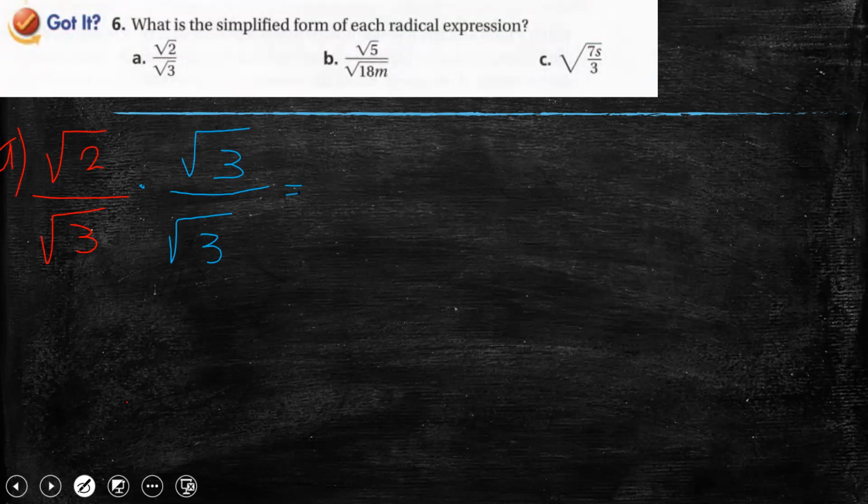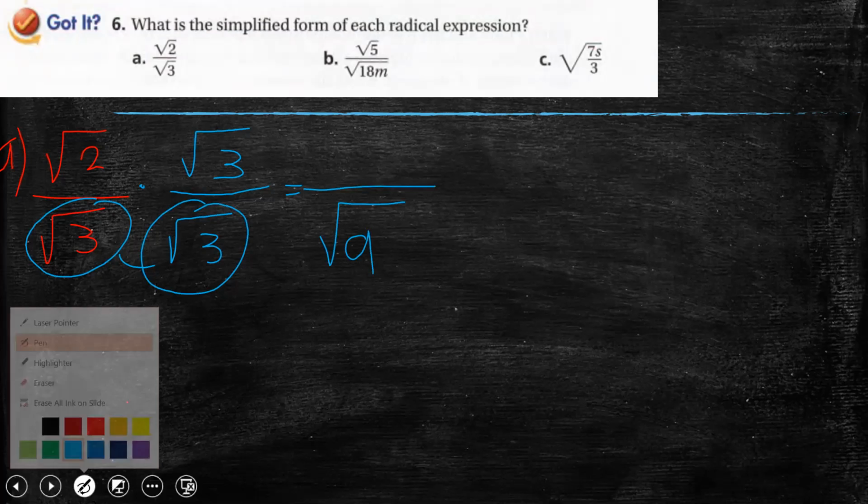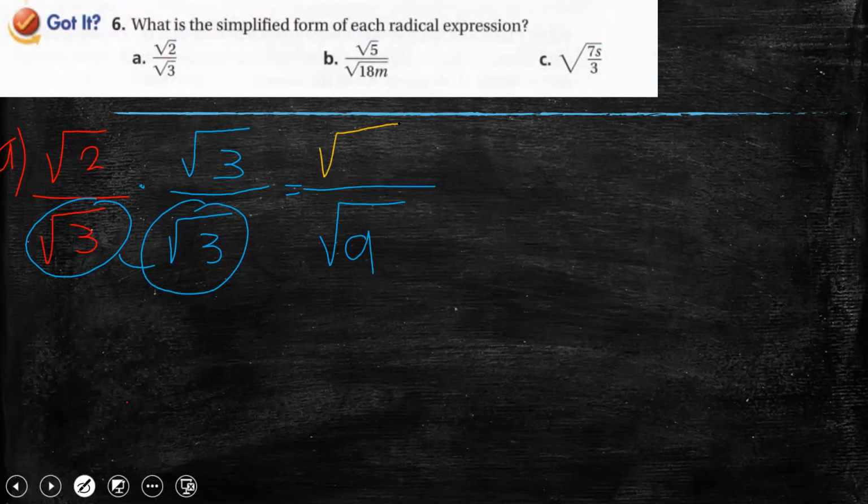Then, square root of 3 times square root of 3. After multiplying, what will I get? Square root of 9. And up, square root of 2 times square root of 3. Square root of 6. Okay, then it's square root of 6 over 3.